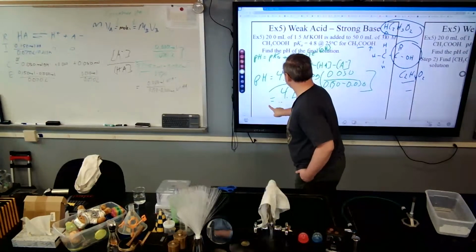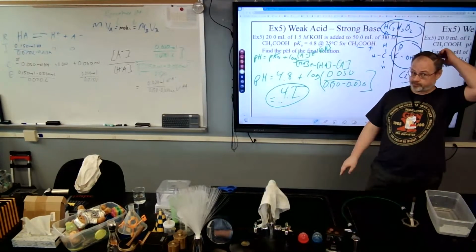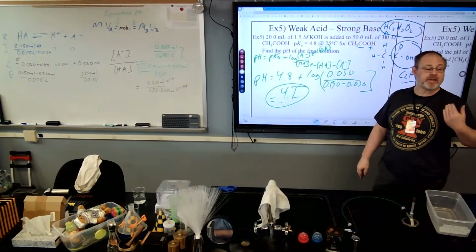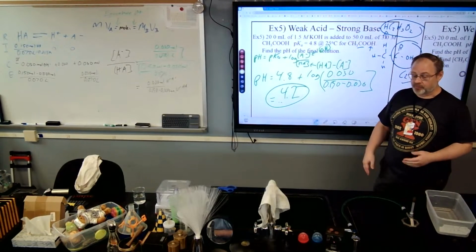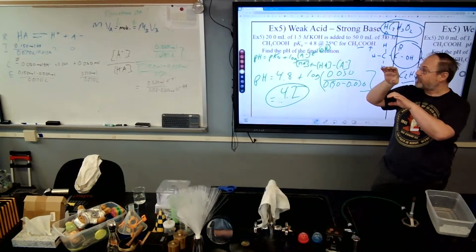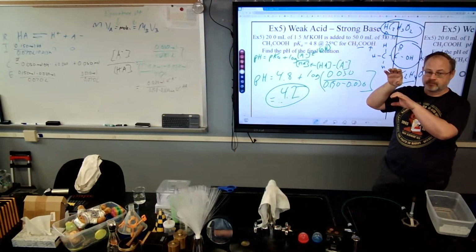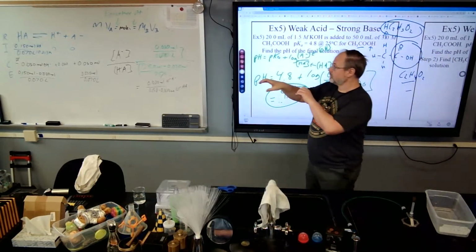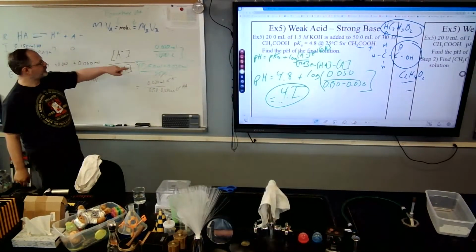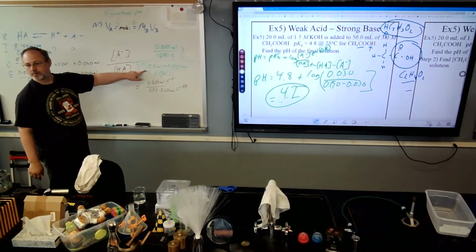Yeah. So here's how we check our work. Did we consume half of the HA, so the A minus and the HA are equal? Did we consume half of the protons available? The protons available is 0.150. Did we consume half of those protons? Nope.